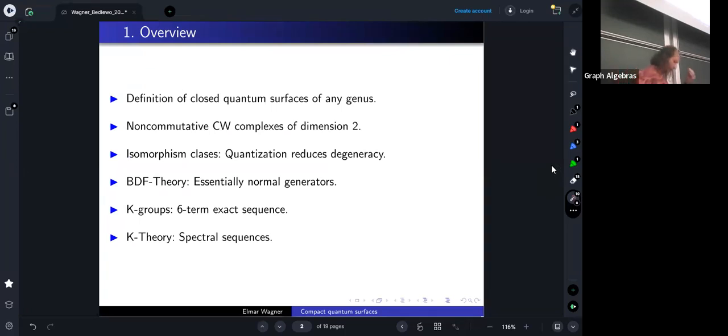So if you construct CW complexes, what we wanted is step by step to guarantee that they have the same K-theory. So if we know that the n minus 1 skeleton has the same K-theory, we attach cells and we maintain it. This would be the induction step, but also the base, the first step.